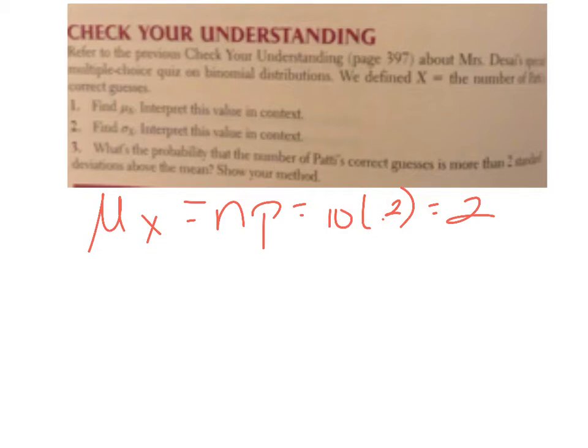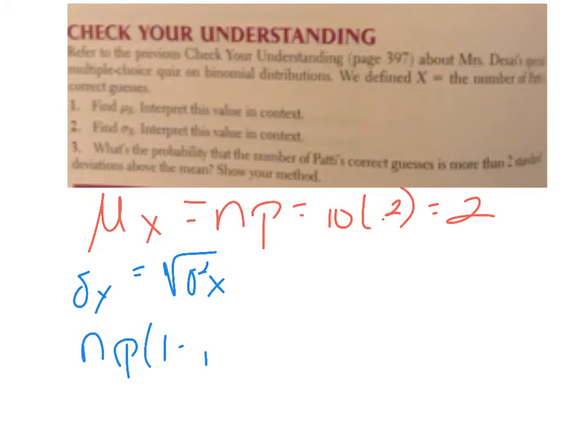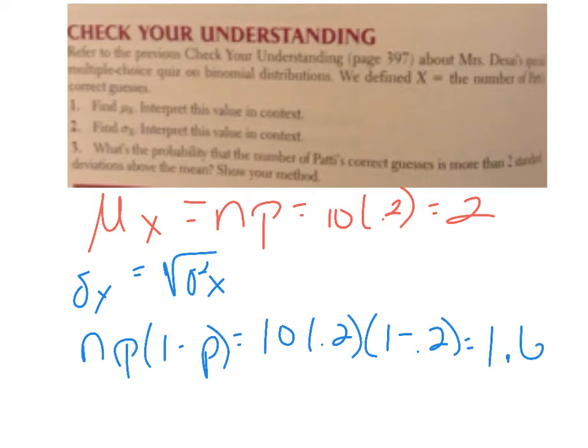When I'm finding the standard deviation, remember, standard deviation is the square root of my variance. The variance is the number of trials times the probability of success times the probability of failure, which gives me 10 times 0.2 times 0.8, which is 1.6.